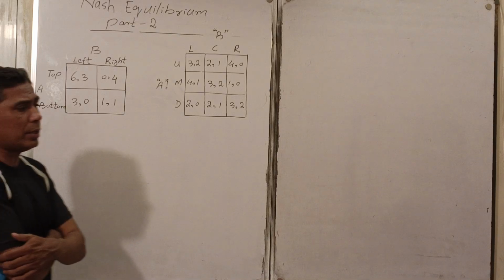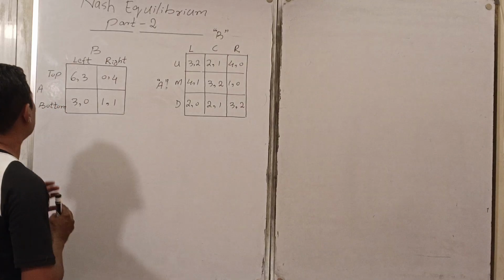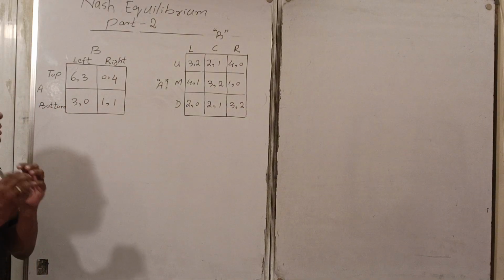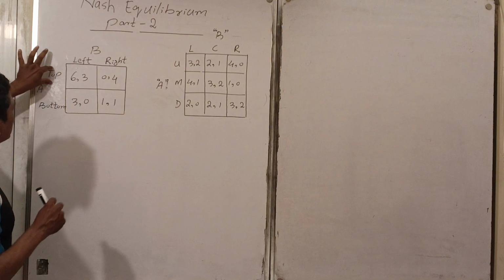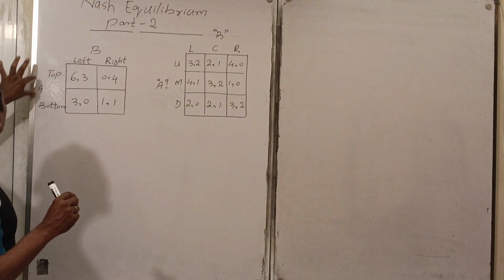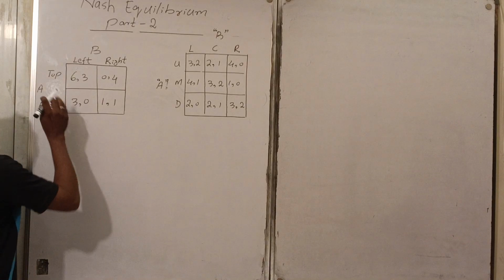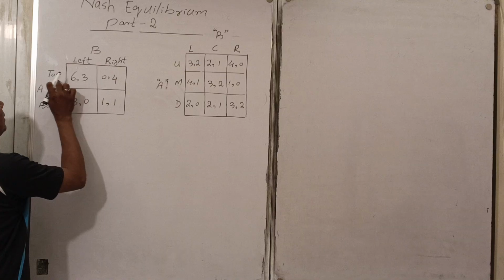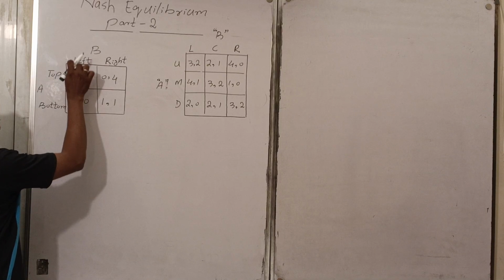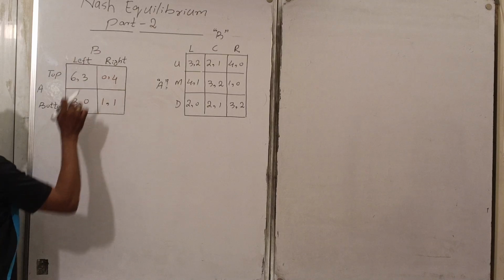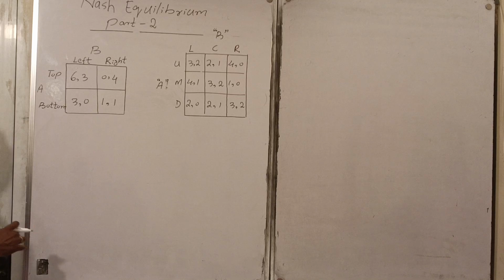Okay, how can you find out that solution? Look at the payoffs and try to find out the dominant strategy here. First of all, we consider the row player, that is A. So look here: when A decides to play top, given the condition left and right, which one is better for him?